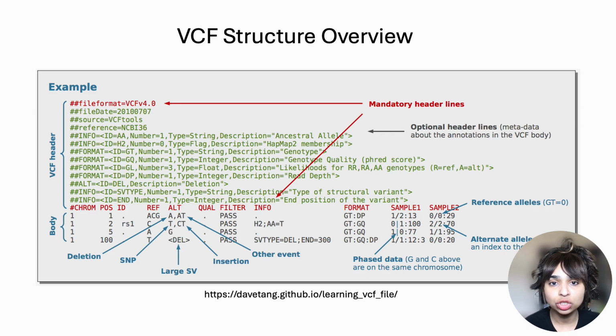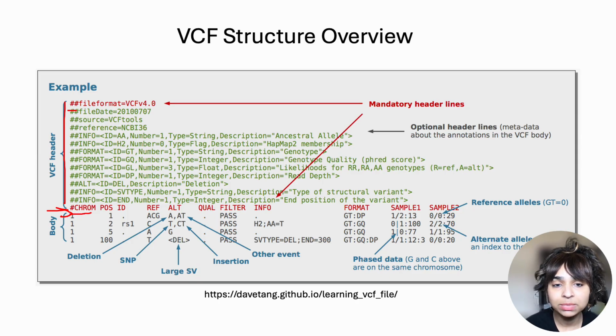Alright, so now we know what a VCF file is and where it comes from. Let's look into the structure of a VCF file. A VCF file is divided into three main sections. First is the meta lines, these ones, which start with a double hash. These lines describe the background, like which reference genome was used, what software created the file, and the definition of annotations such as read depth or allele frequency. Think of metadata as the instruction manual for your file. The next is the header, this one in red. It starts with a single hash.